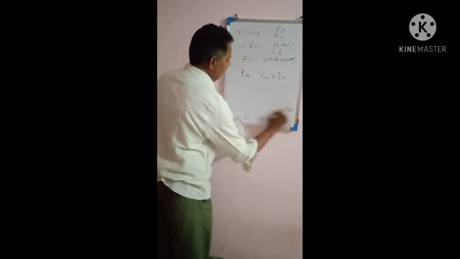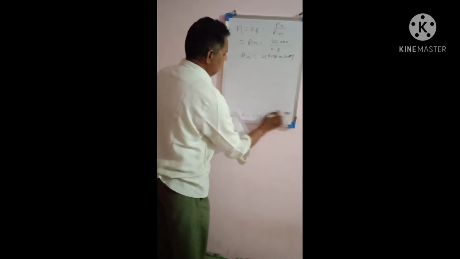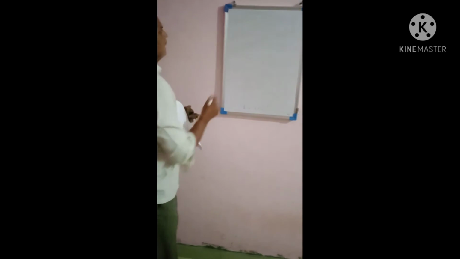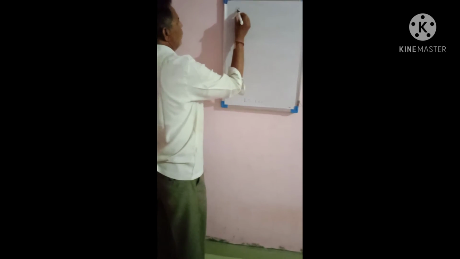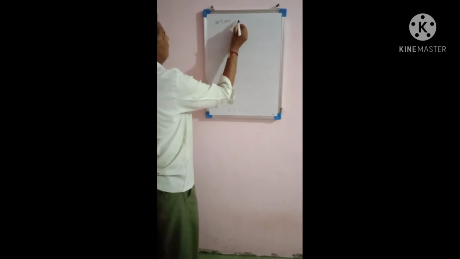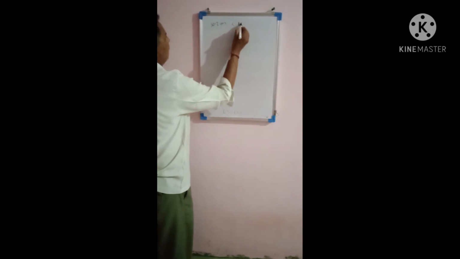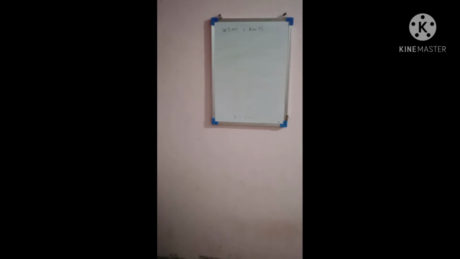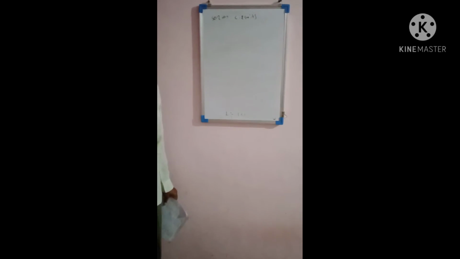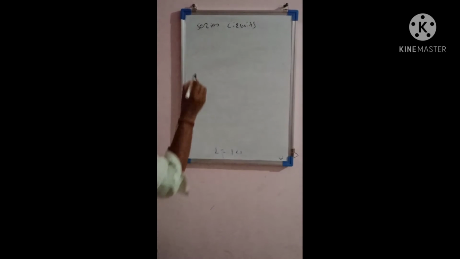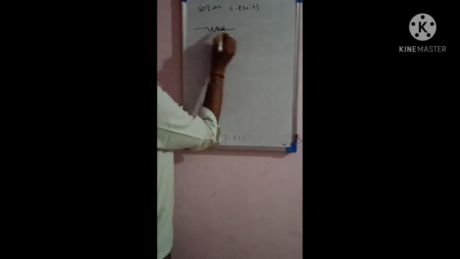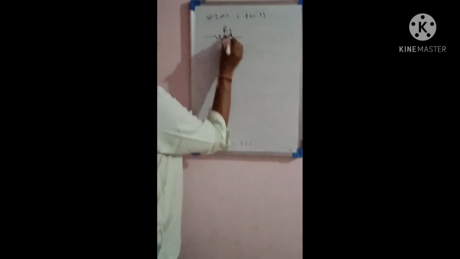Now we have considered the series connection of resistances, series circuits. What is the definition of a series circuit? Series circuits are those circuits in which resistances are connected one after another.